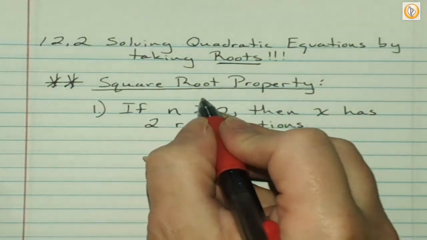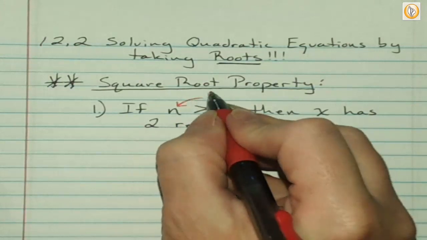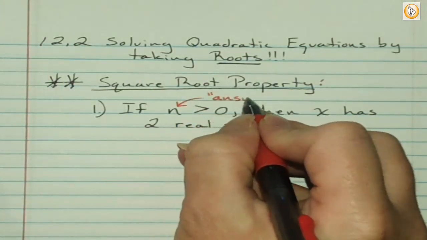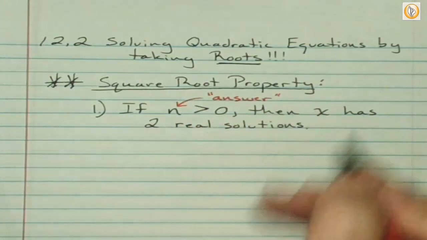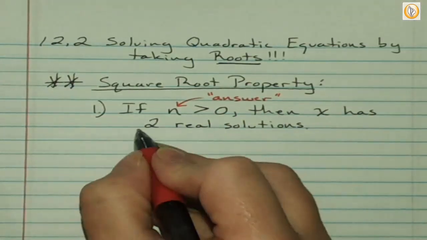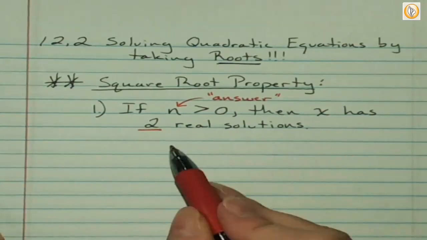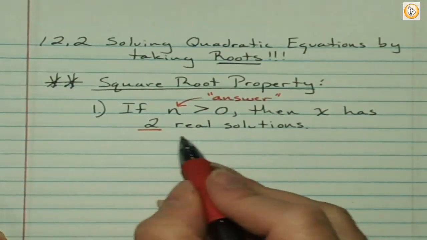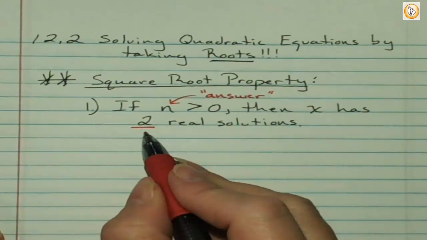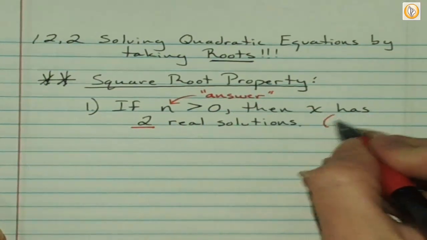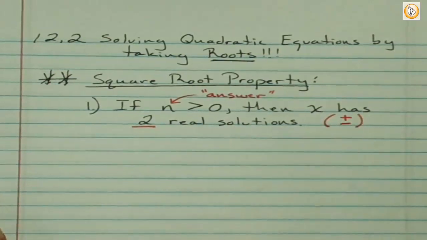N, we're going to just call it the answer. And you'll see exactly what I'm talking about. Then x has 2, you need to underline 2, real solutions, written as the plus and the minus.